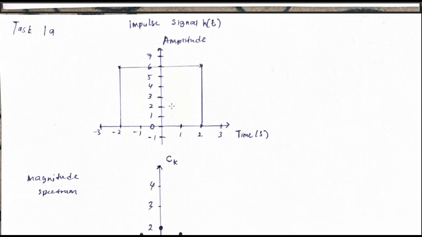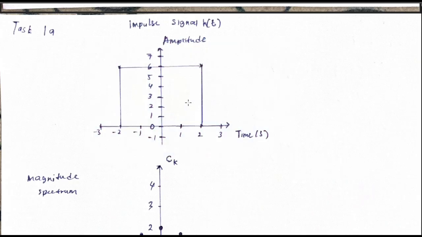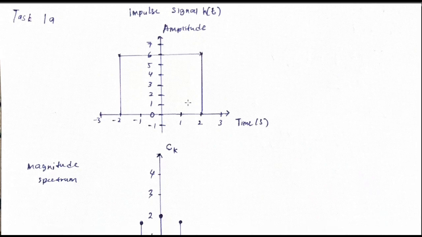And this is the graph that we conclude from the equation above. So the graph will look like this: the rectangular pulse signal, amplitude on the y-axis and time on the x-axis.